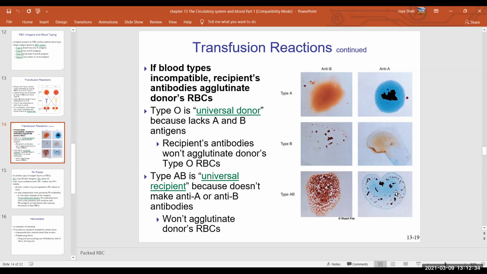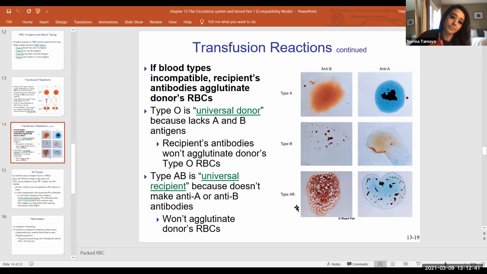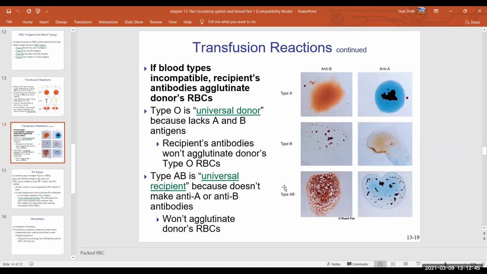Okay. So which blood group are you going to take? If somebody is a type AB person, which antibodies does this individual carry? None of them. They carry both antigens, but none of the antibodies. So this kind of type AB blood group is the universal recipient because they have no antibodies.